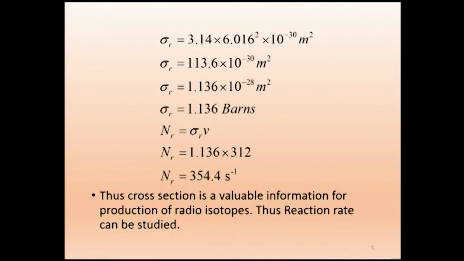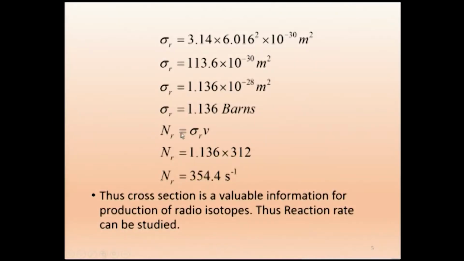Now what is asked is the number of reactions that will take place. The number of reactions is proportional to the incident flux, the neutron flux. Flux is the number of neutrons crossing per unit area per second, and if a large beam is coming, then naturally the reaction will be larger, and the proportionality constant is the cross section sigma r.